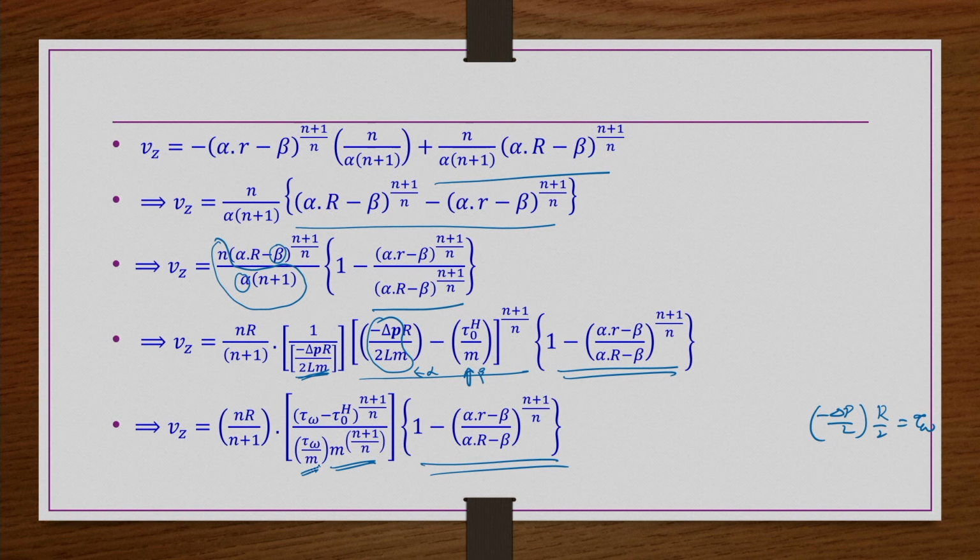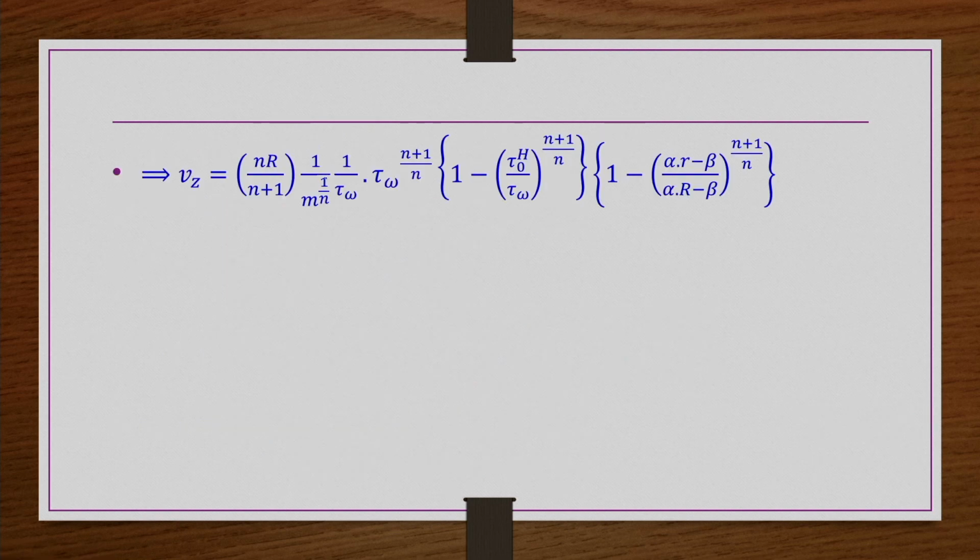Now if I join these m terms together, I will be getting m power 1 by n, and then tau w as it is. Next, the parenthesis terms we were having: tau w power (n plus 1) by n minus tau naught h power (n plus 1) by n.